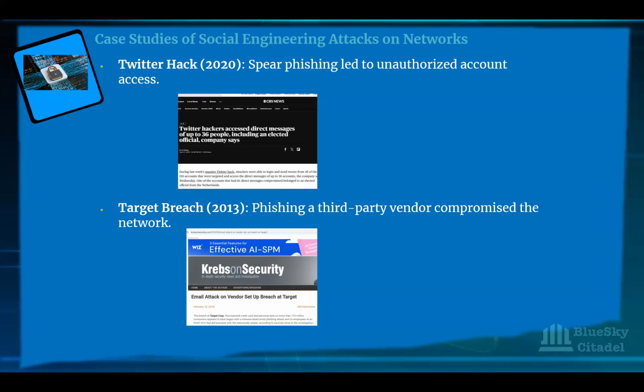It was spear phishing, and it led to unauthorized account access. CBS News basically carried it. The news reported it. What the attackers did was employ social engineering techniques, using phone-based phishing to target Twitter employees.